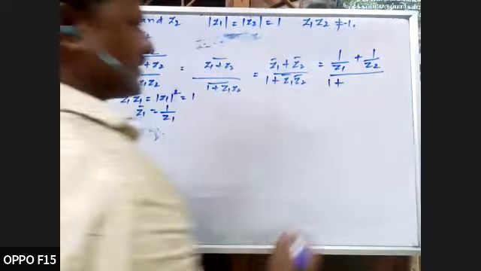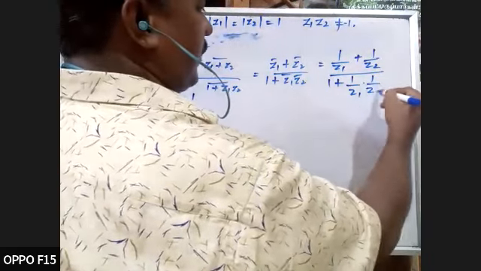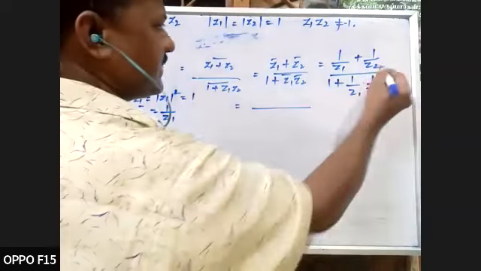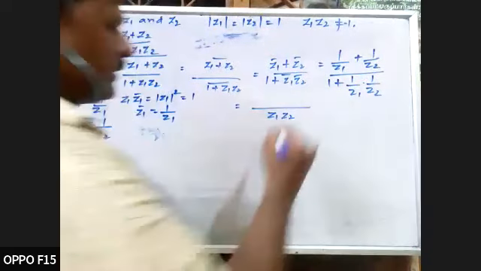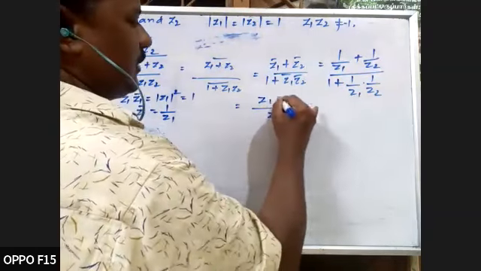Plus 1 plus Z1 conjugate, 1 by Z1, multiplied by 1 by Z2. Let us take the LCM, Z1 Z2. On top, after cross multiplying, we get Z1 plus Z2.